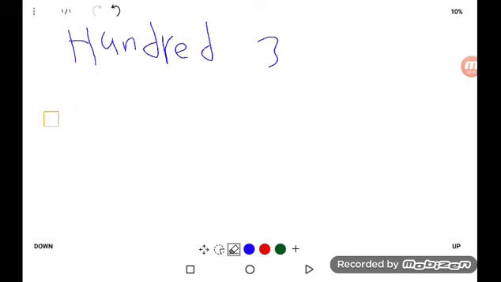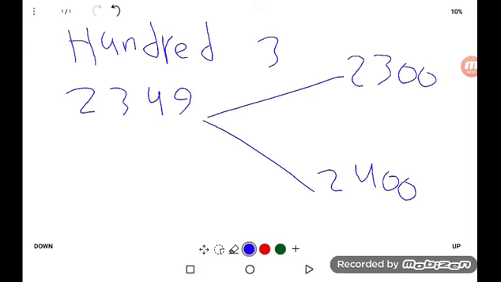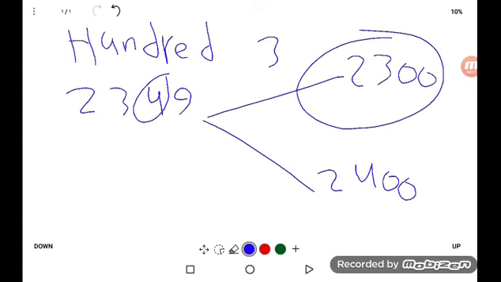Now let's say if you have 2349, so it becomes 2300 or 2400. We see this number is less than 5, so the answer is 2300.